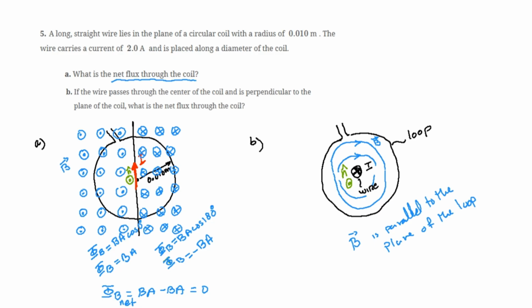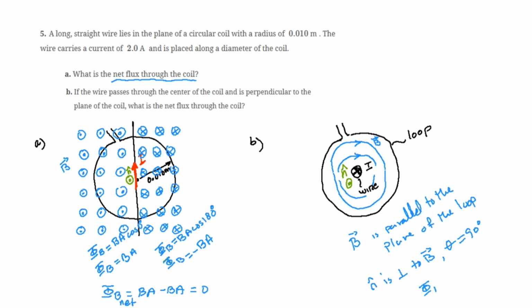So since the normal is perpendicular to the magnetic field, the angle theta is 90 degrees. And we know that the cosine of 90 degrees is 0.